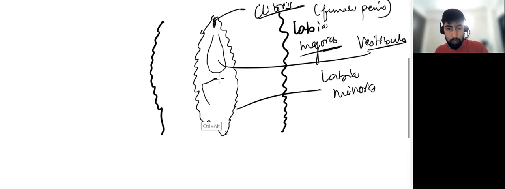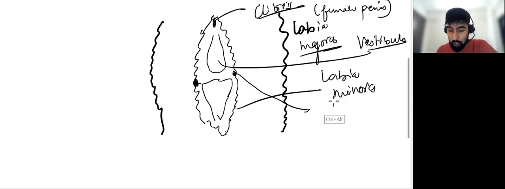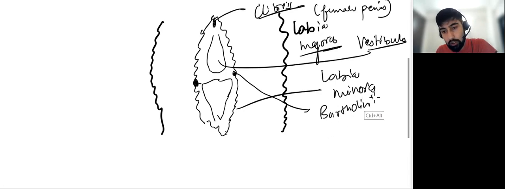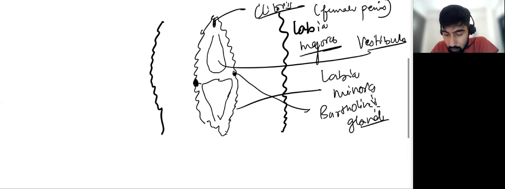And then we have another structure called the Bartholin's gland. There is one gland present here, called the Bartholin's gland. What does it do? It secretes mucus, which basically lubricates, right?